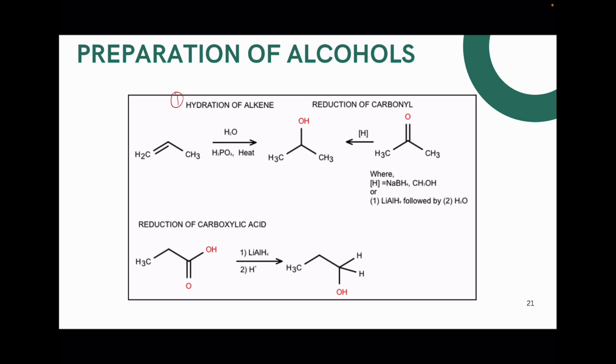The first is the hydration of alkene, which you already learned in the alkene chapter. The second is the reduction of carbonyl, where you can start from a ketone or an aldehyde. The third is the reduction of carboxylic acid, with carboxylic acid as the starting material.